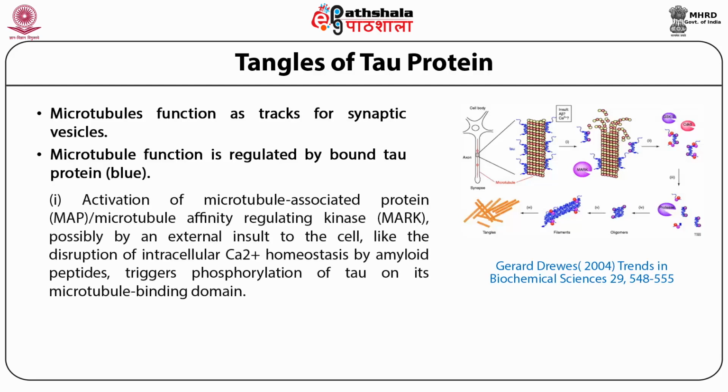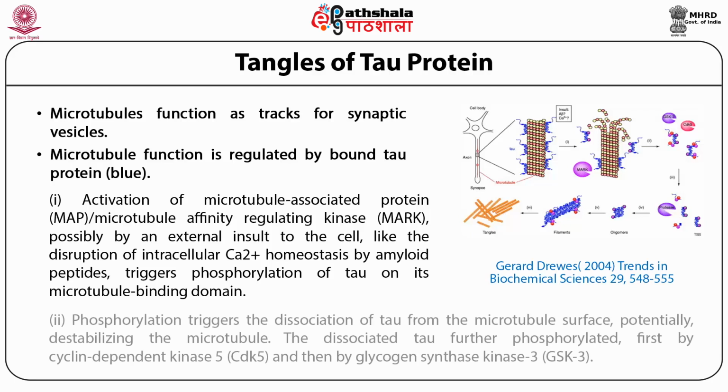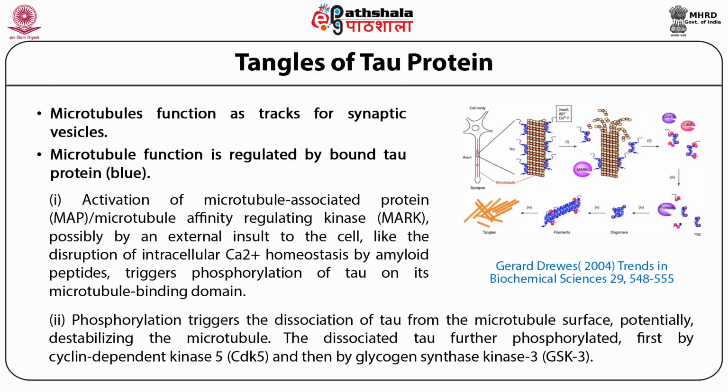Activation of microtubule affinity regulating kinase, possibly by an external insult to the cell, like the disruption of intracellular calcium homeostasis by amyloid peptides, triggers phosphorylation of tau on its microtubule binding domain. This phosphorylation triggers dissociation of tau from the microtubule surface, potentially destabilizing the microtubule.